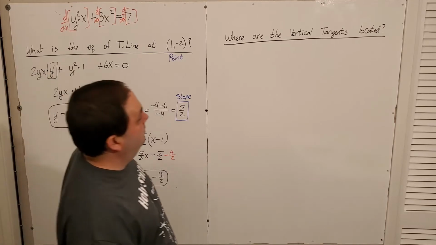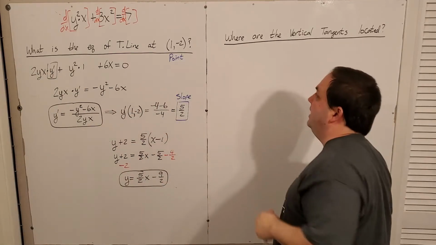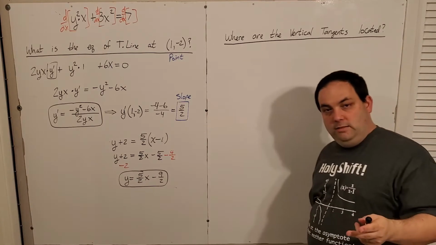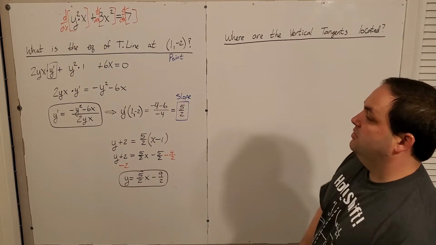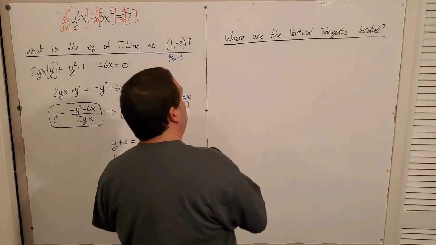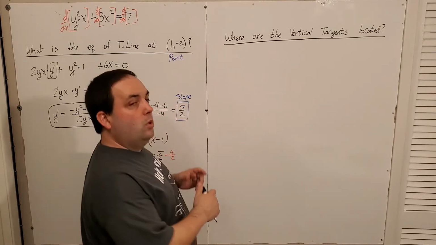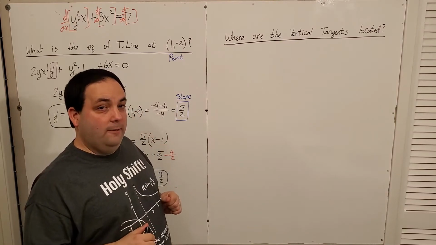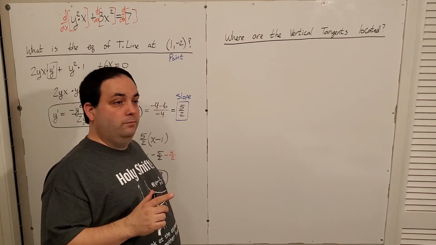All right. Next, over here, where are the vertical tangents located? The vertical tangent is going to occur whenever my derivative is undefined in a special way. So we have to be a little careful.